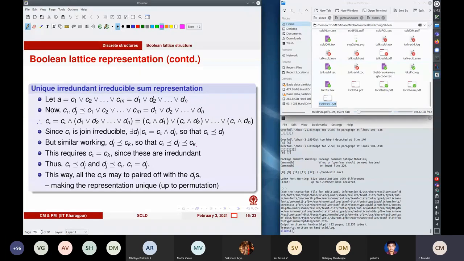But the question is, this is 0, and these are your atoms, A1, A2.